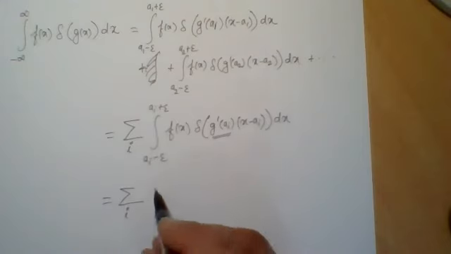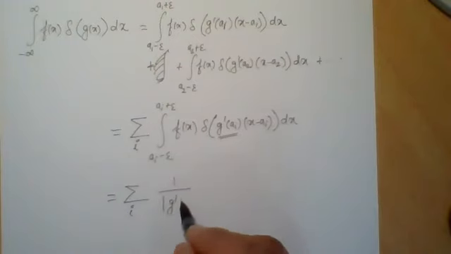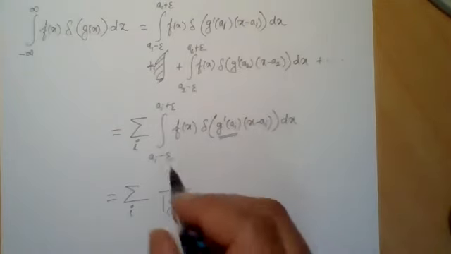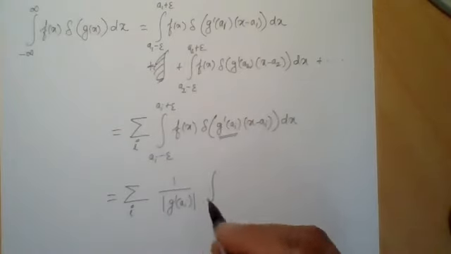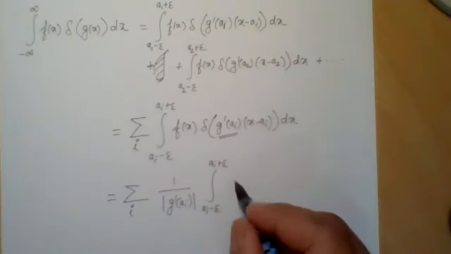So this is summation over i, 1 by modulus of g prime(a_i). And what remains is integration a_i minus epsilon to a_i plus epsilon.